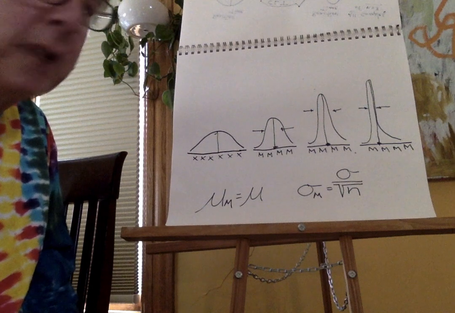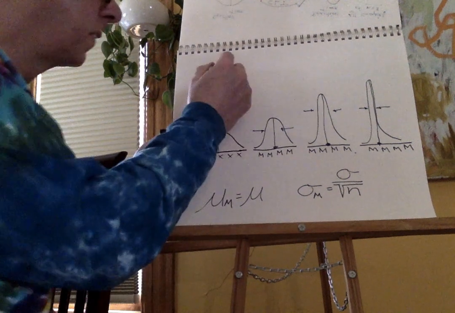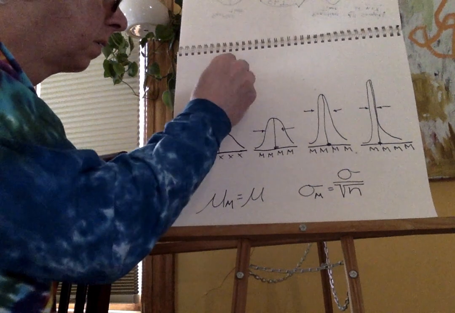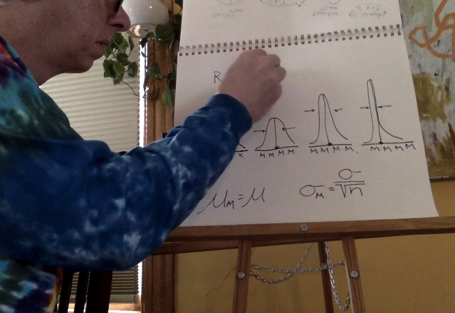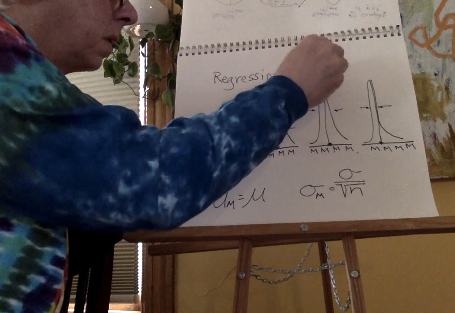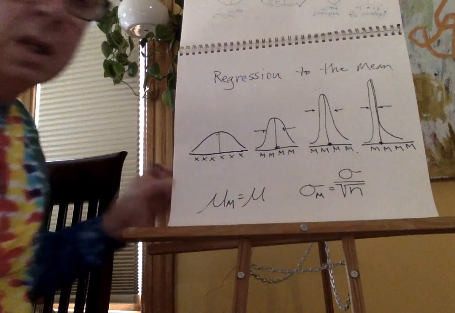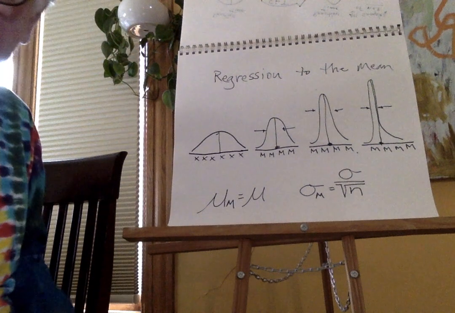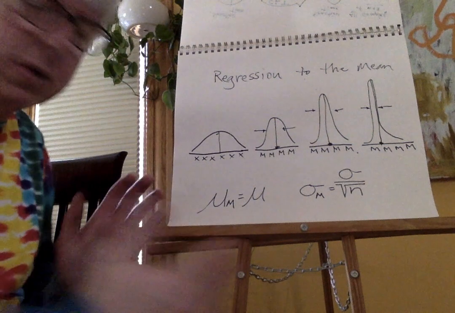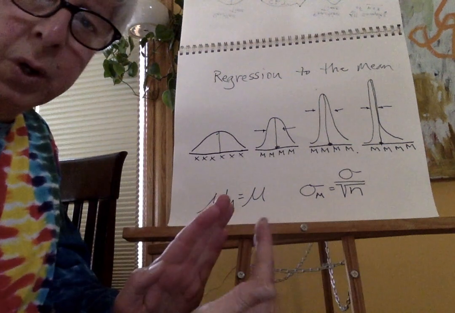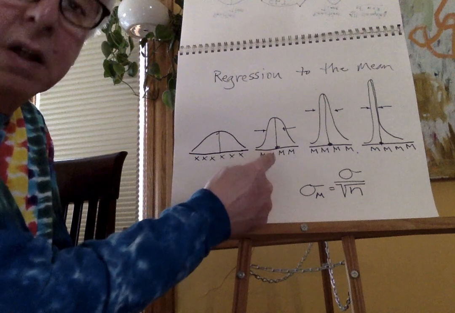But this actually has a name, what's going on, and this is called regression to the mean. Regression to the mean. That is, these numbers are regressing. They're coming inward to the mean value.